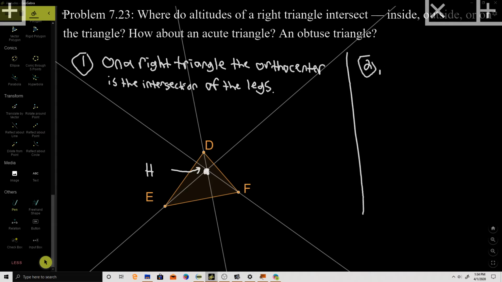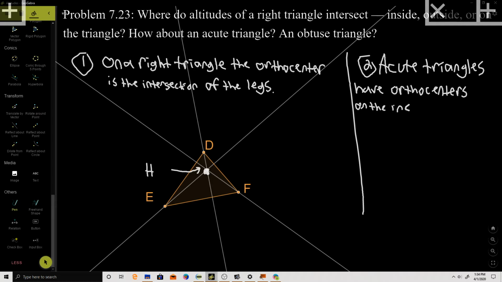So acute triangles have orthocenters on the inside of the triangle.